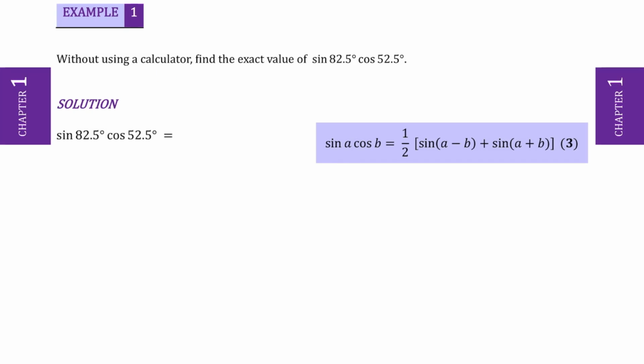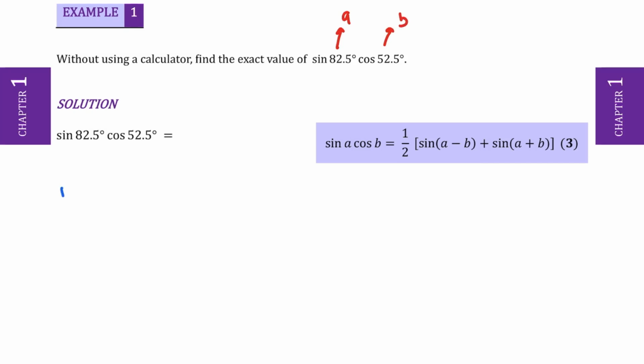This is example 1. Without using a calculator, find the exact value of sine 82.5 cos 52.5. You can see here, this is sine multiplied with cos. So let's use the formula of product to sum, sine A multiply cos B. Let's write our A to be 82.5 degree, our B to be 52.5 degree.